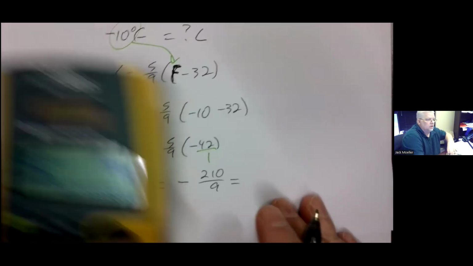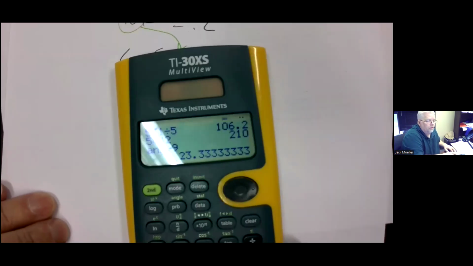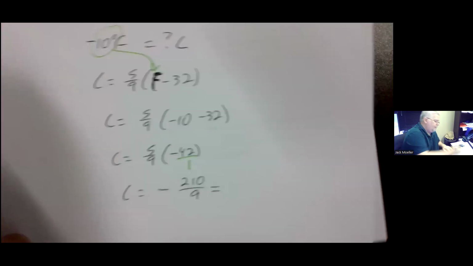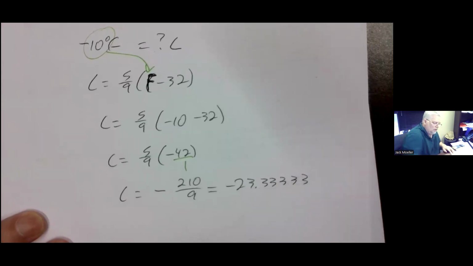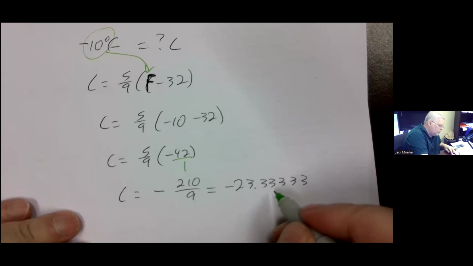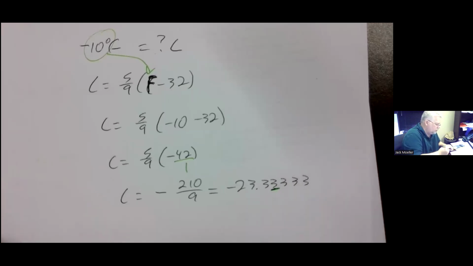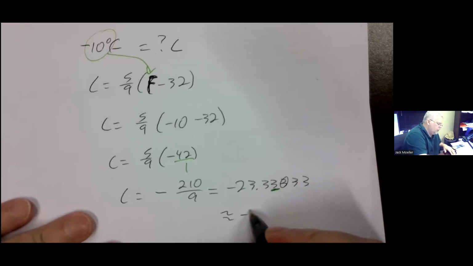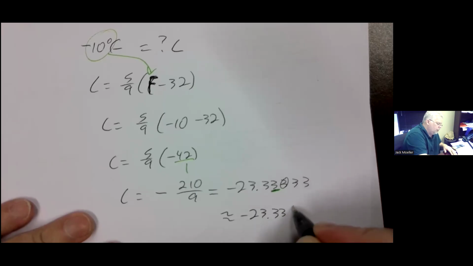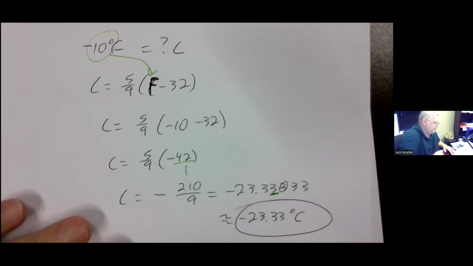So this is negative 23.333 forever. And then, when in doubt, we're going to assume the nearest hundredth, unless MATLAB says otherwise. So that 3 says keep the 3 the same. We're at negative 23.33 degrees Celsius.